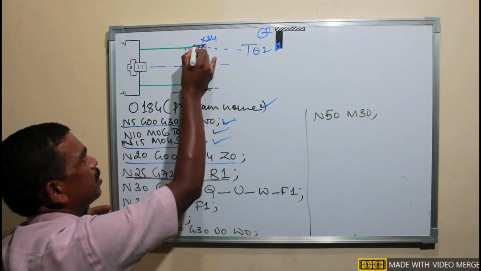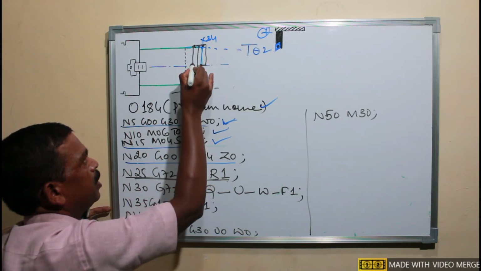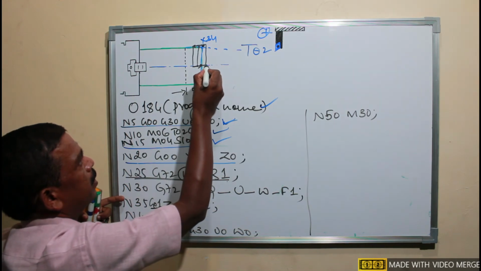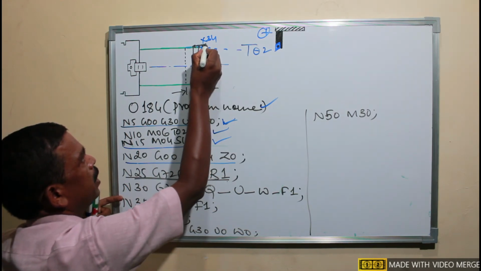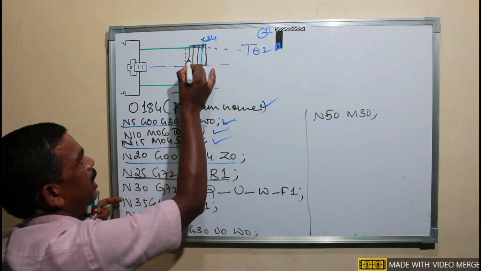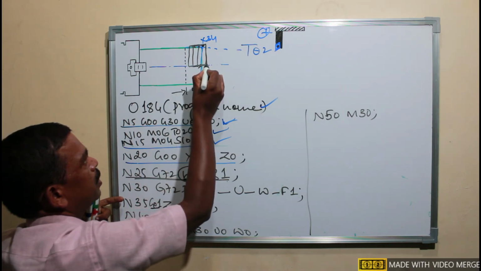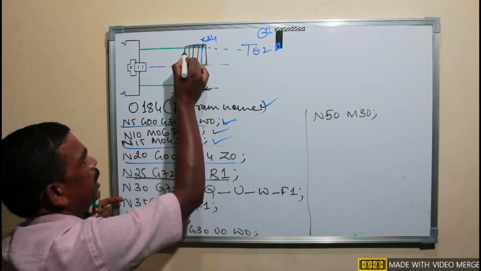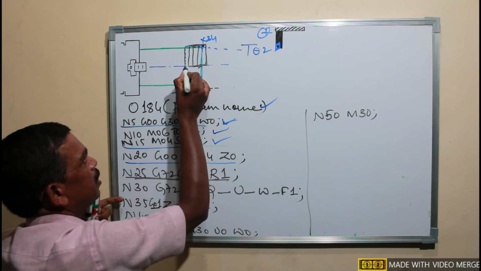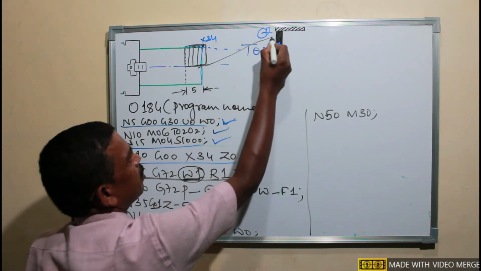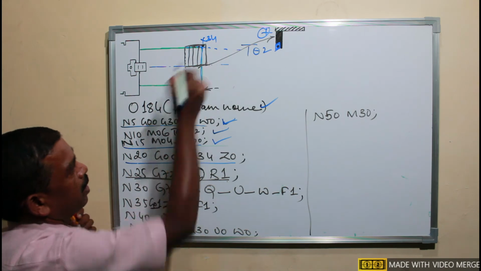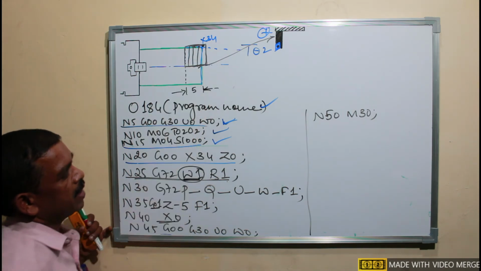Again it will advance 1 mm, and then come to X0. Again the tool will take 1 mm depth of cut, and come to this position. Finally it will finish the stock, and come back to its home position. This is the path taken by our cutting tool for doing the facing operation.